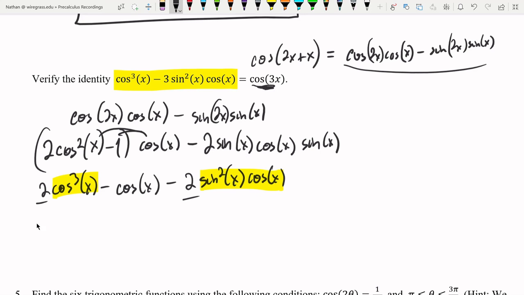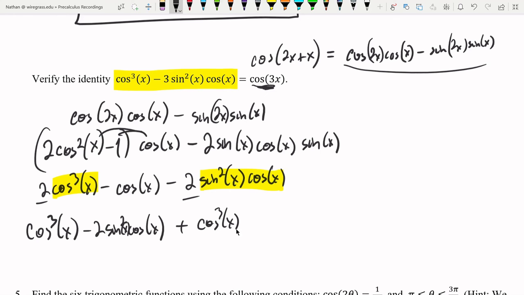I'm going to split this up so we have cosine cubed x, and I'm going to move this over in front to be minus 2 sine squared x cosine x. This just makes it a little bit easier for me to see what I'm working with. I split this one up, so it's going to be plus cosine cubed x minus cosine of x.